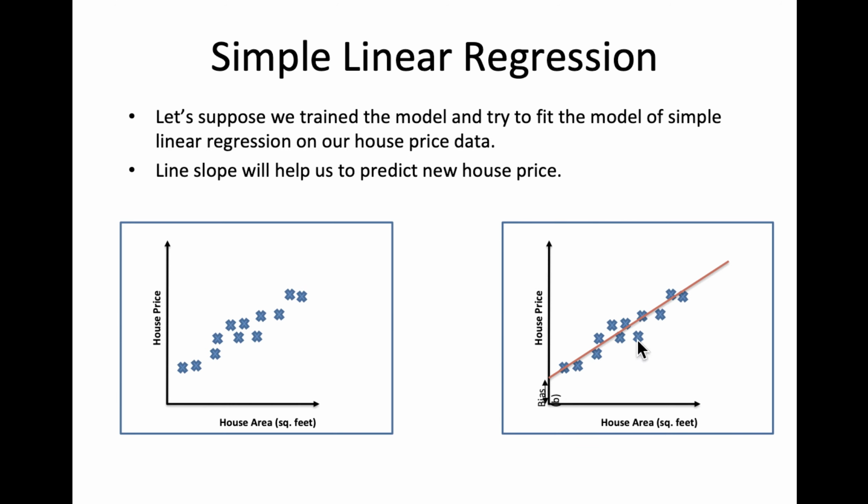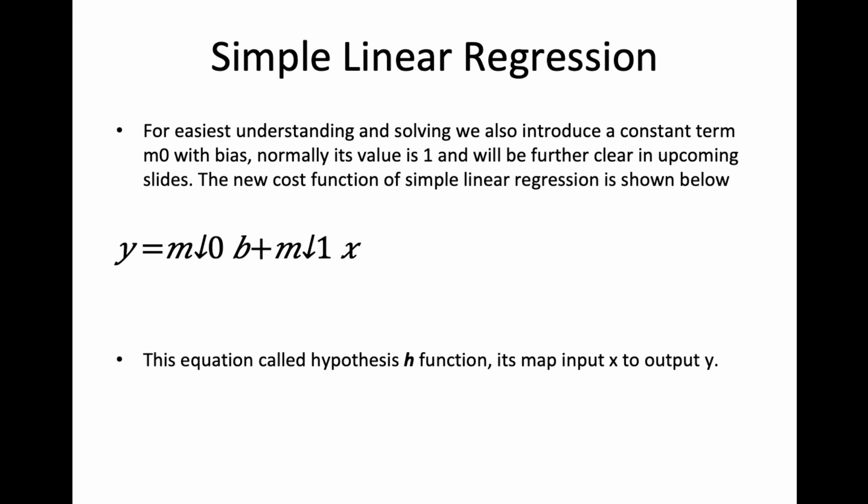So essentially this is how we fit the line as we've seen before. The easiest way of solving is by introducing a constant term, the bias, whose value is 1, and basically this helps us develop a cost function of linear regression, which helps establish the relationship between y and x.